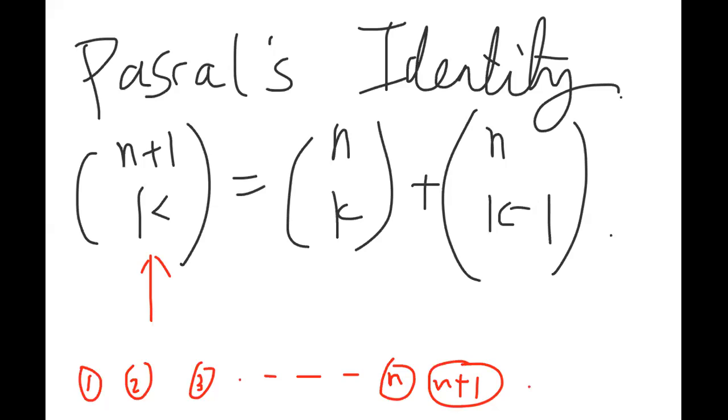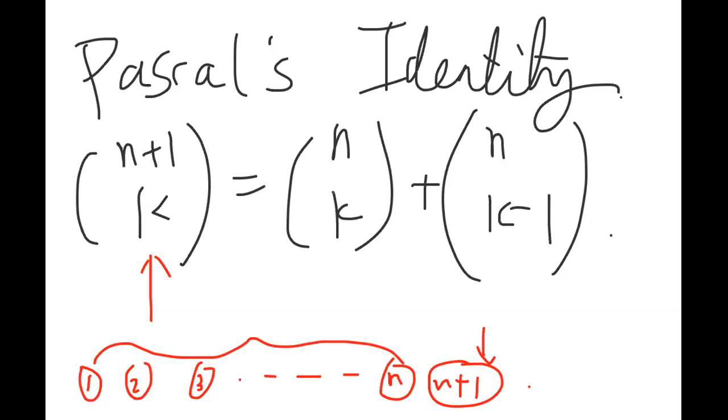The first scenario is that these k items include the last item. That means the other k minus 1 items come from the first n items, because you picked the last one.